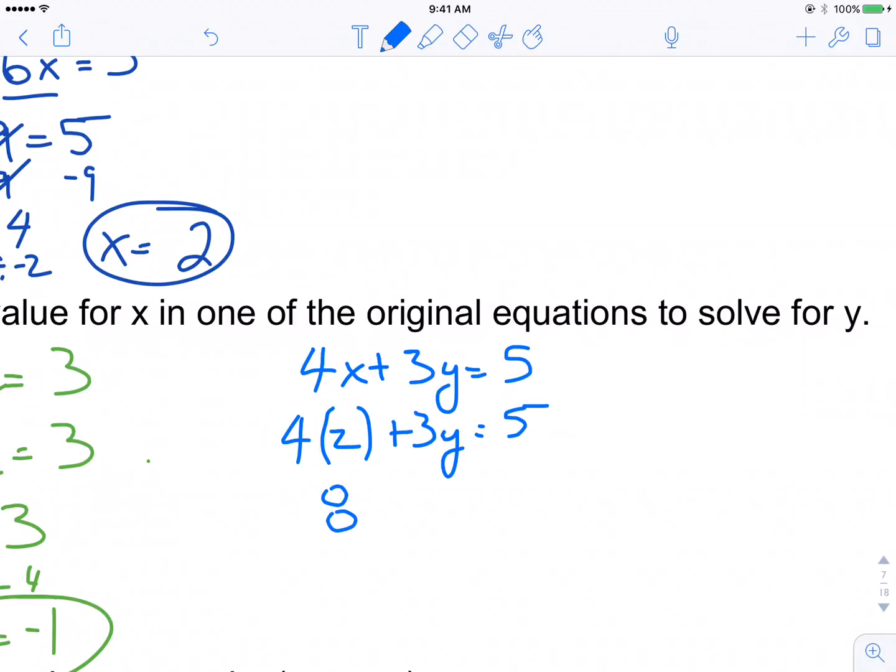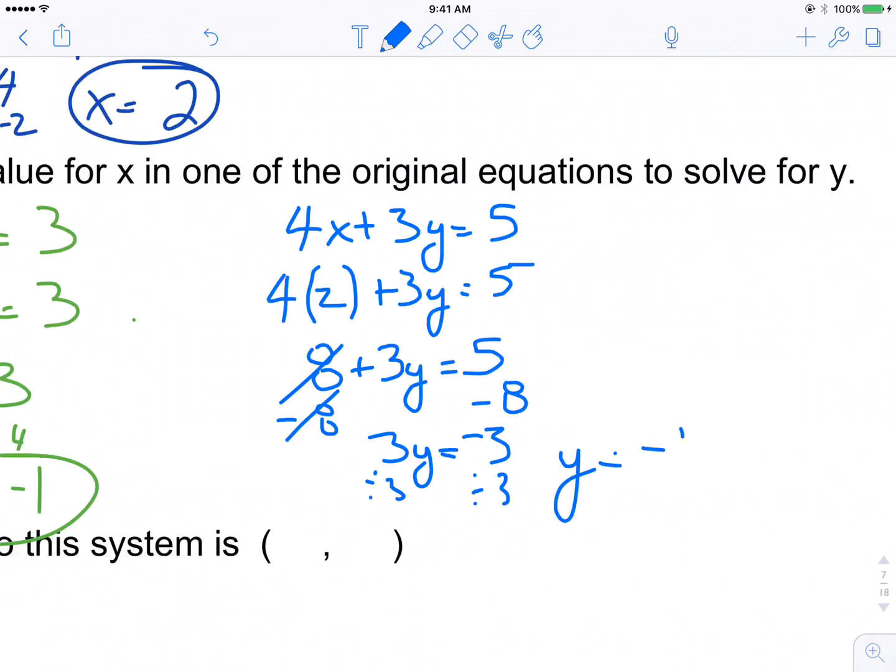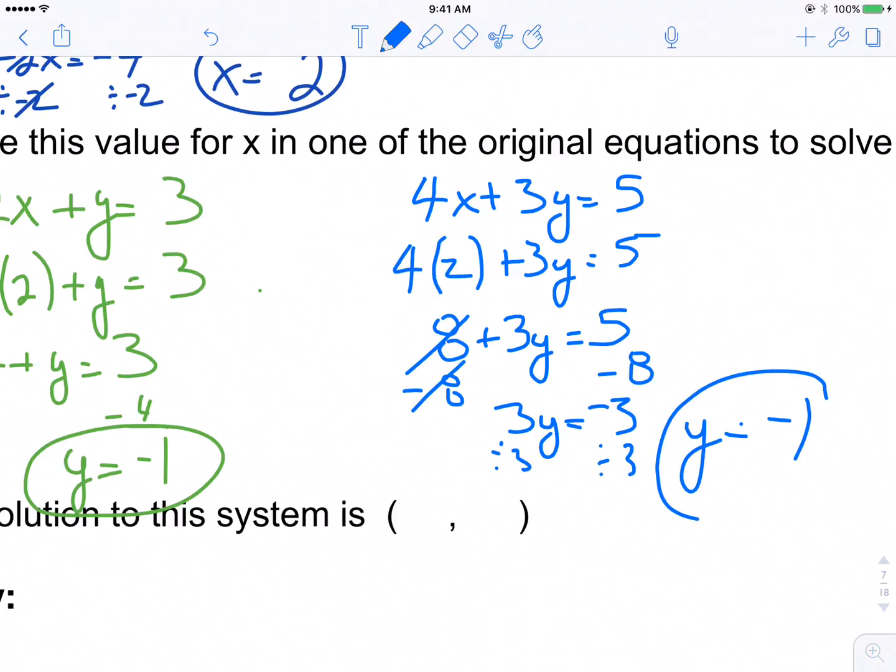That gives me 8 plus 3y is equal to 5. I'm going to subtract 8, subtract 8. That gives me 3y is equal to negative 3. Divide by 3, divide by 3. y is equal to negative 1. Lo and behold, I get the same value, negative 1.